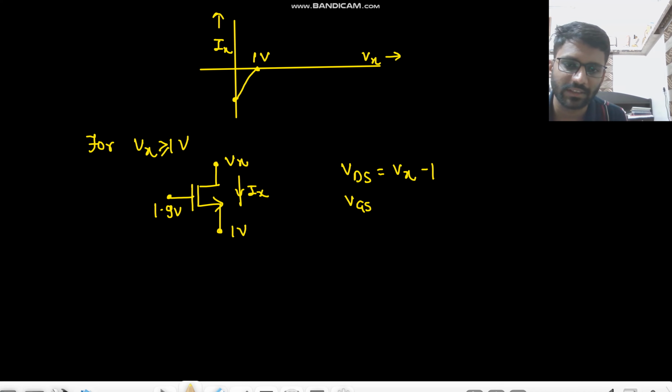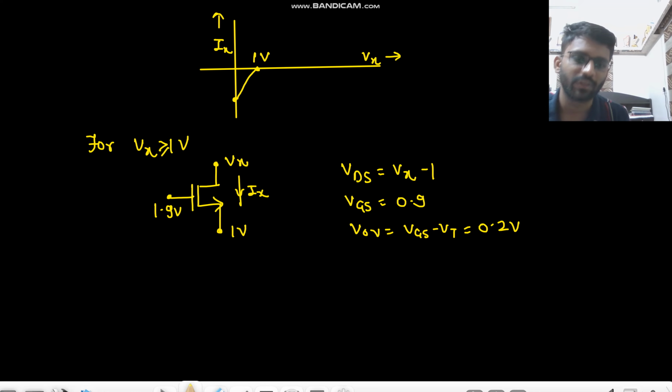What is your Vgs now? 0.9. What is your V overdrive, Vgs minus Vt? That will be equal to 0.2 volt. Your Vds is Vx minus 1 volt, because now this is working as drain, because now this is at higher potential. So this is drain, this is source, and undoubtedly this is gate only.